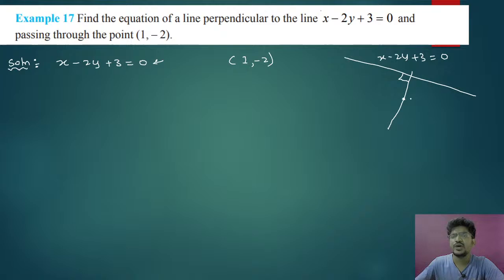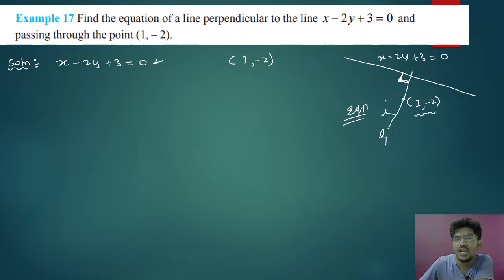Now this line is passing through the point 1 comma minus 2 and it is perpendicular to x minus 2y plus 3 equal to 0. Now what is the equation of this line L? So let us take this as L1 and this as L2.